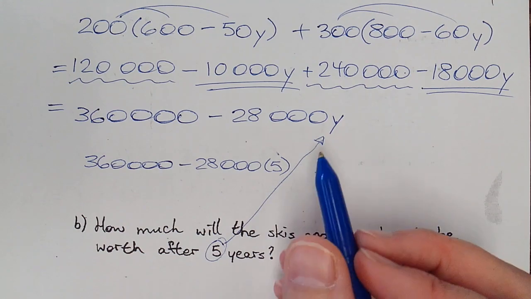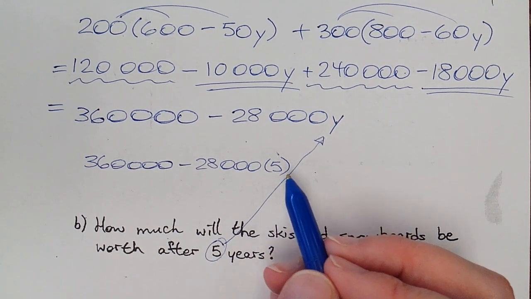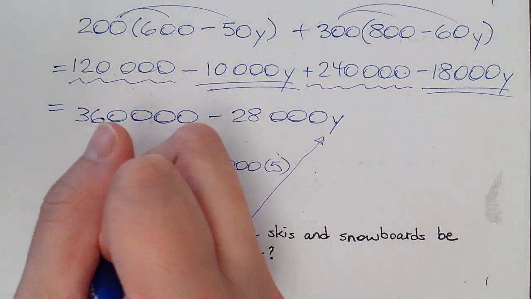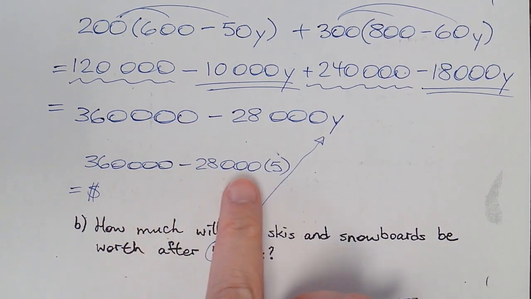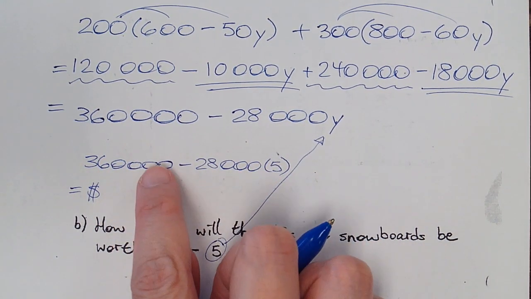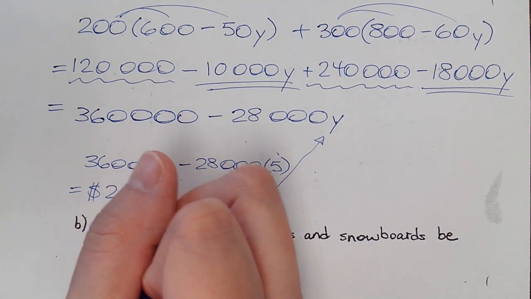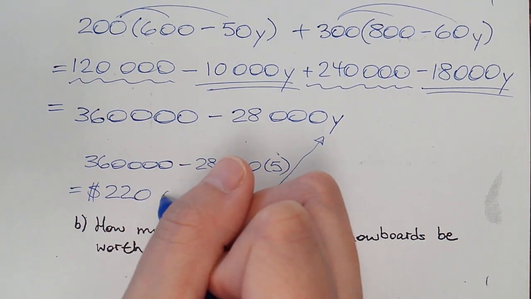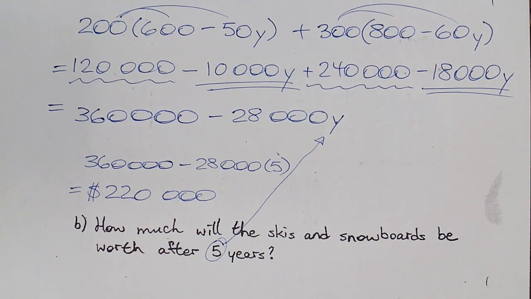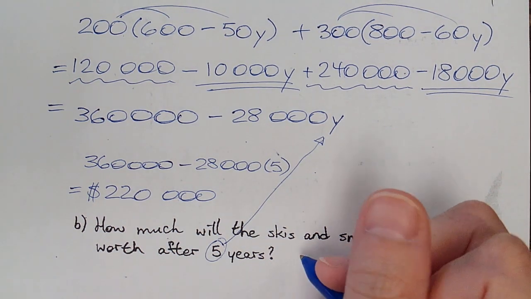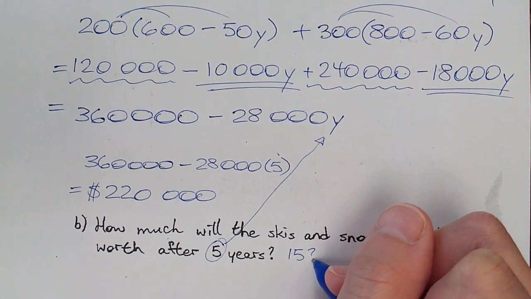Remember, whenever you substitute, put it in brackets to represent multiplication. So BEDMAS, multiply, and then subtract. You get 220,000. So my therefore statement would be after 5 years, the skis and snowboards will be worth $220,000.